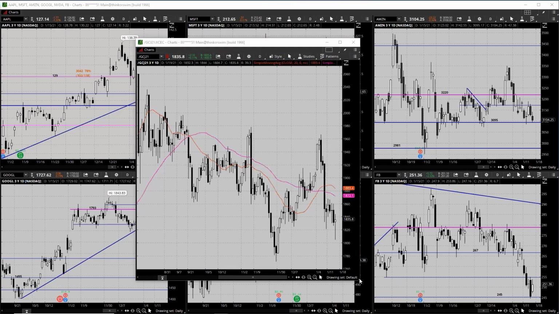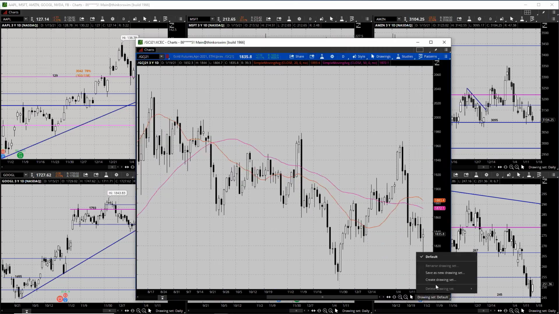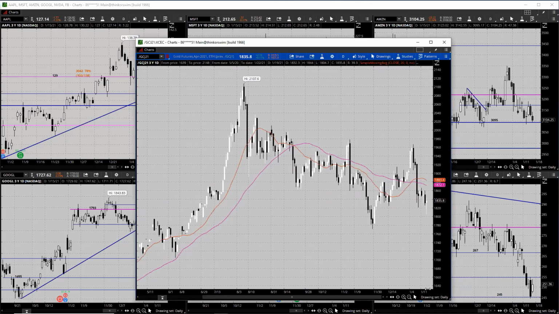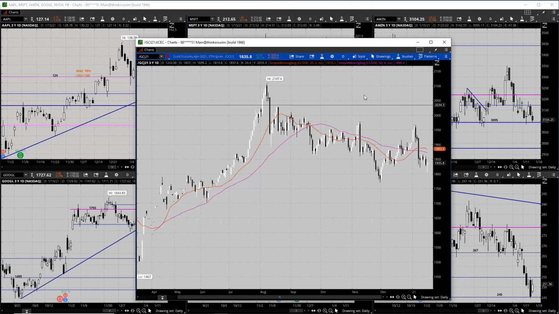I guess we can also take a look at the weekly.